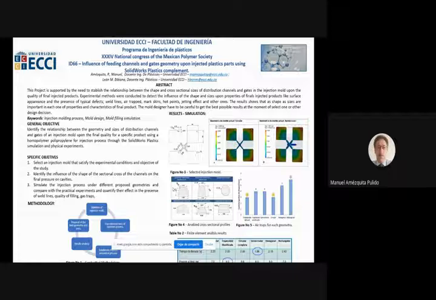This project is supported by the need to establish the relationship between the shape and cross-sectional size of distribution channels and gates in the injection mold upon the quality of final injected products.